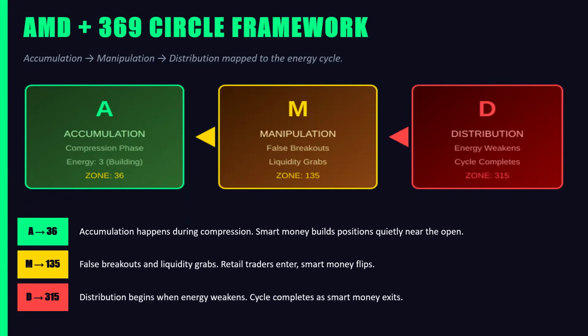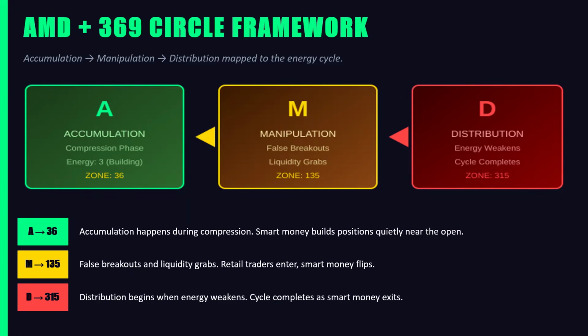Accumulation happens at the top, manipulation takes place, and then distribution happens. Or sometimes at the bottom accumulation happens, it manipulates to the upside, it blasts to the upside and then redistributes. Many times, this is the cycle which happens in the market every day.